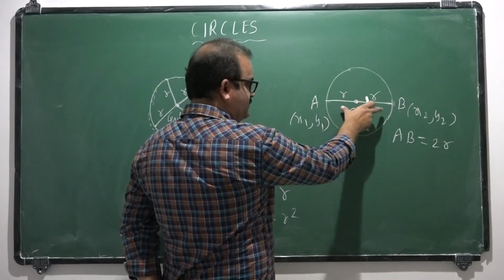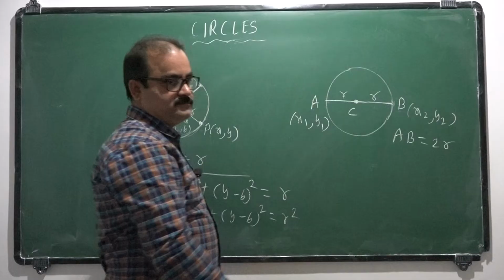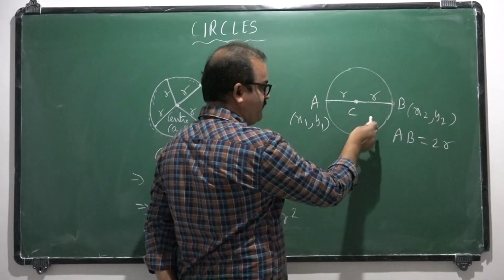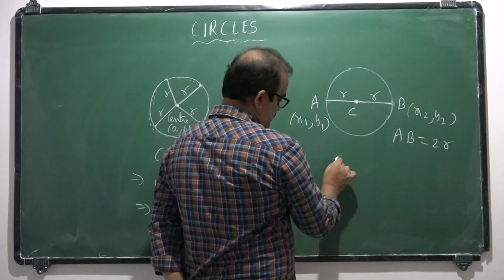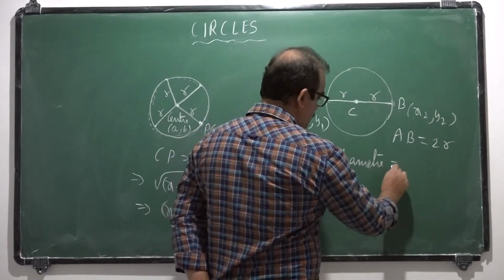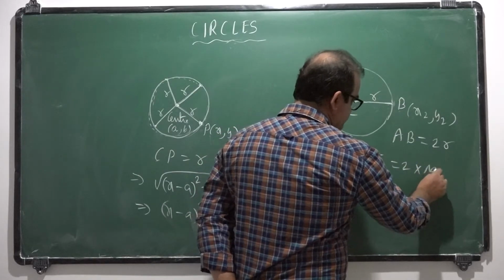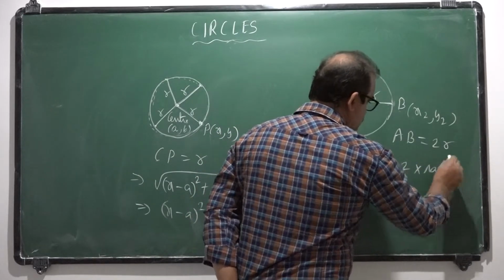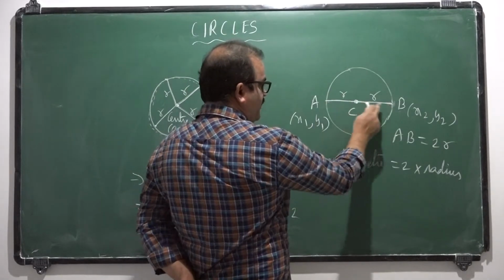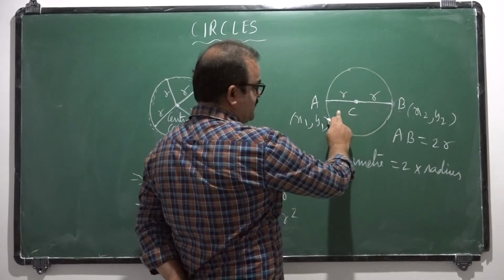Here the distance between the two points A and B is called the diameter. When the diameter is known, then we find the radius. Diameter is equal to 2 into radius. The distance between the points A and B is the diameter.